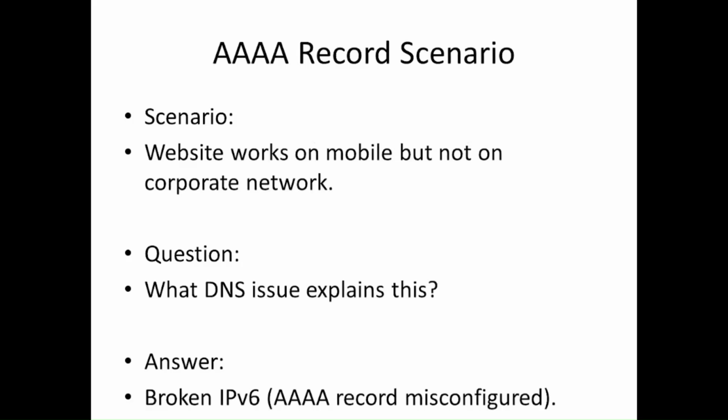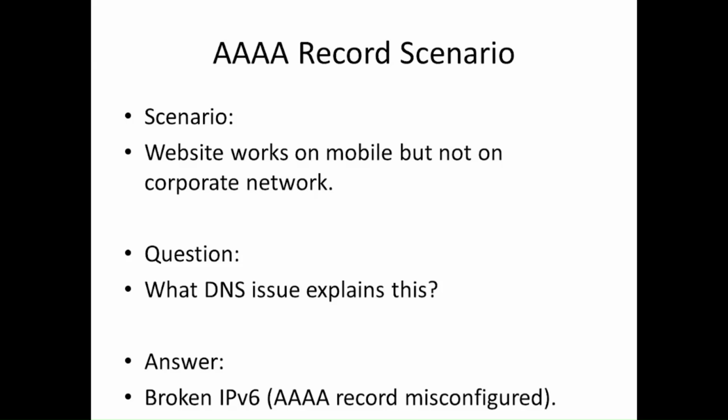Okay. The second one is, in this case, the website works on some networks but not others, for example mobile works, but corporate is not able to access it. That usually confuses beginners. The reason is IPv6. Some networks prefer IPv6 over IPv4.